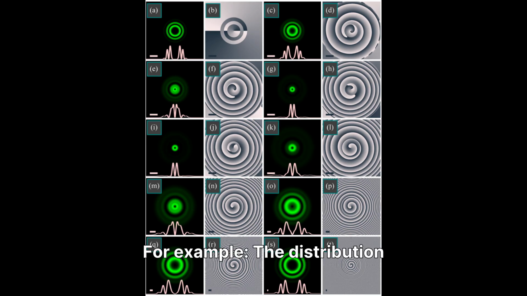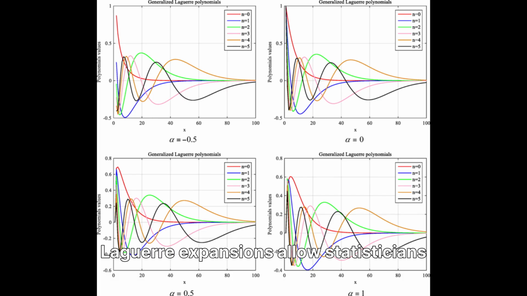For example, the distribution of waiting time until the next event in a queue, the lifetime of a component that has a chance to fail unexpectedly, the probability of a system surviving past a certain point. Laguerre expansions allow statisticians to describe these distributions more precisely than using simple decay curves alone.